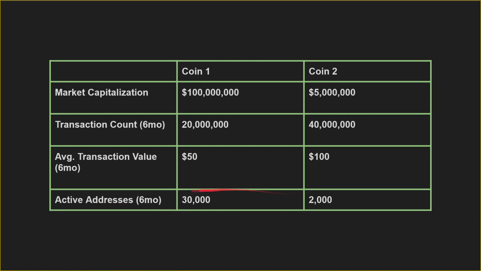So while this metric is not necessarily completely indicative of the total amount of users using a coin, it is useful for comparison reasons. We see a higher number of active addresses, so we could theorize that there are more individual users using coin 1 based on the much higher active address count.